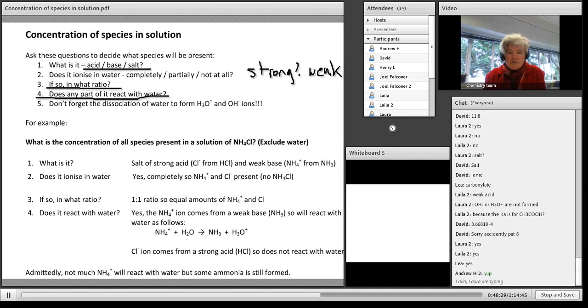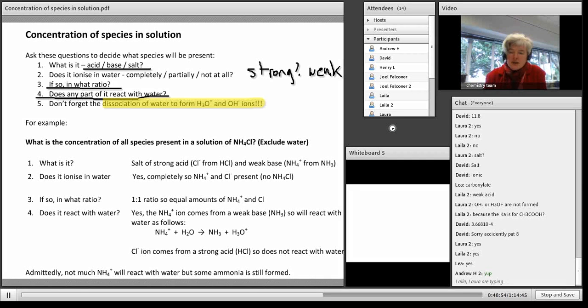And then the final thing which students do forget, so just be careful of that, is the dissociation of water. So when people ask what is present in solution, there will always be a little bit of hydronium ions or a little bit of hydroxide ions.